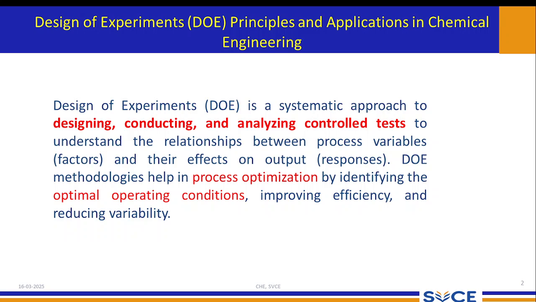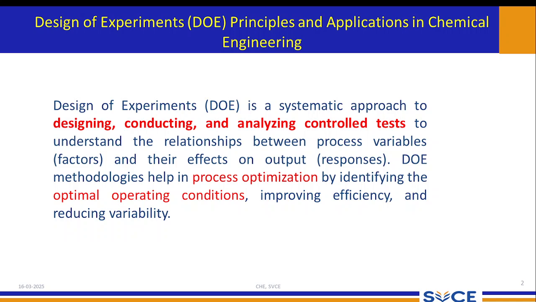Design of experiments is a systematic approach to design, conduct, and analyze controlled tests to understand the relationship between the process variables and the output responses. In the last class, we have elaborately seen the differences between the dependent variable and independent variable.